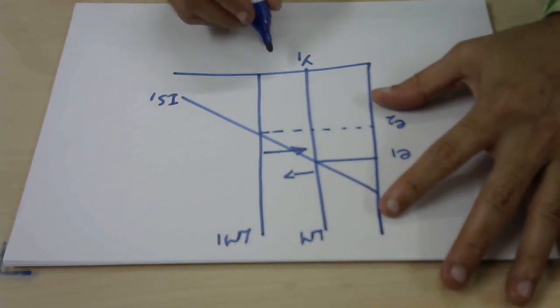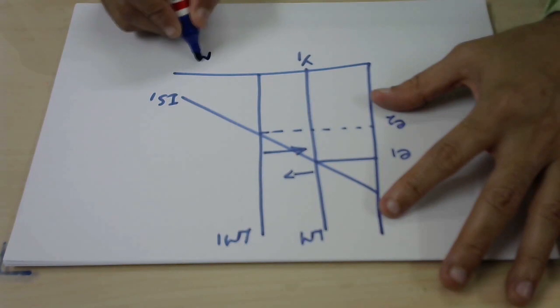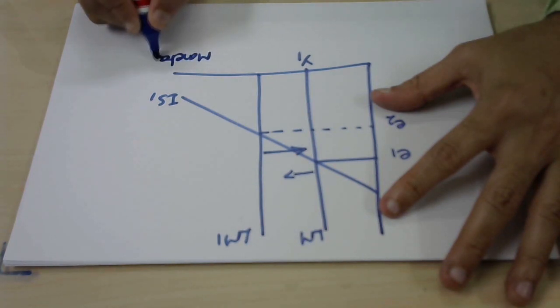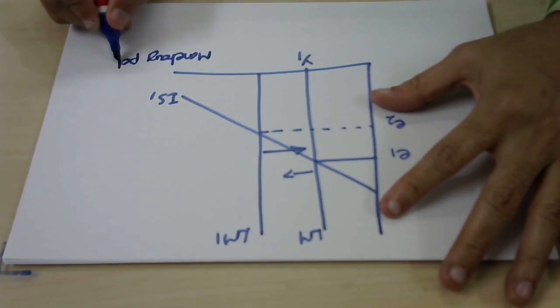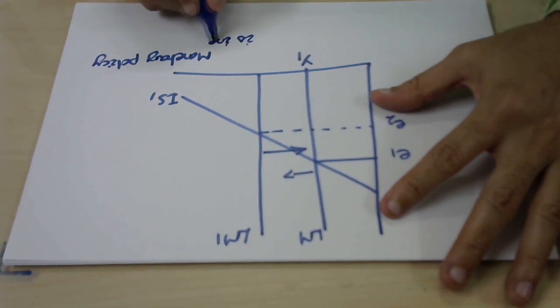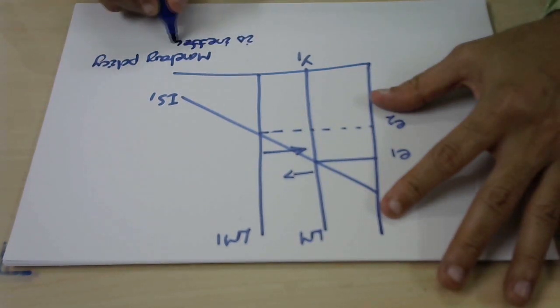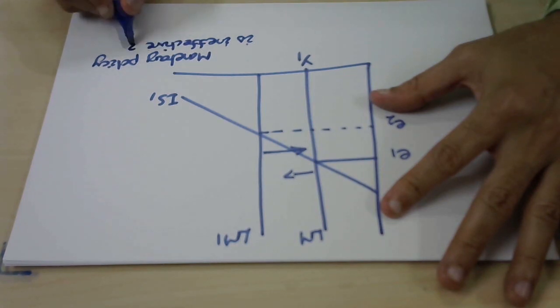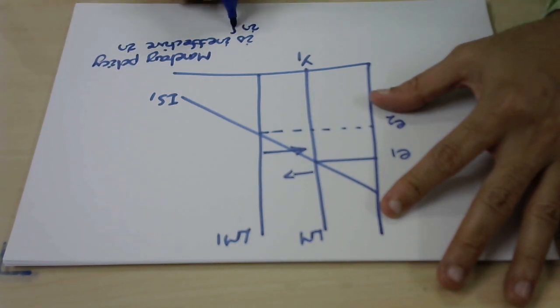So what we are finding is that monetary policy is ineffective in influencing output in a fixed exchange rate system.